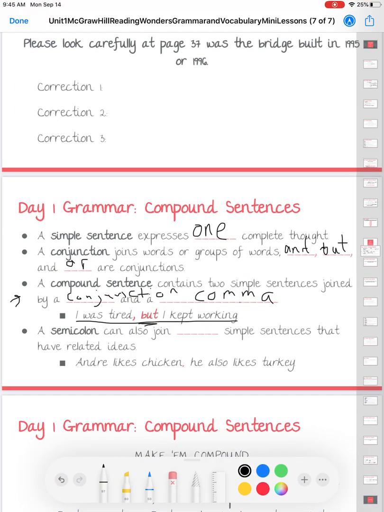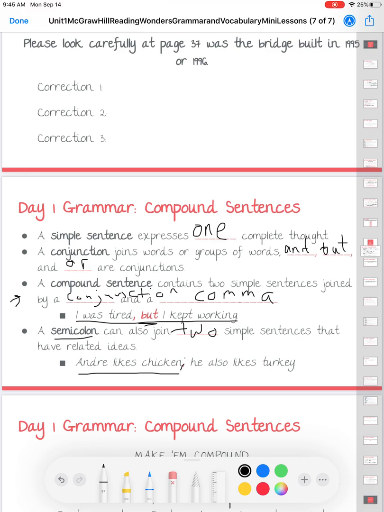All right, then we have a semicolon. You can also put simple sentences together using a semicolon. A semicolon can also join two simple sentences that have related ideas. You can say, Andre likes chicken, which is one idea. Then you would put your semicolon.